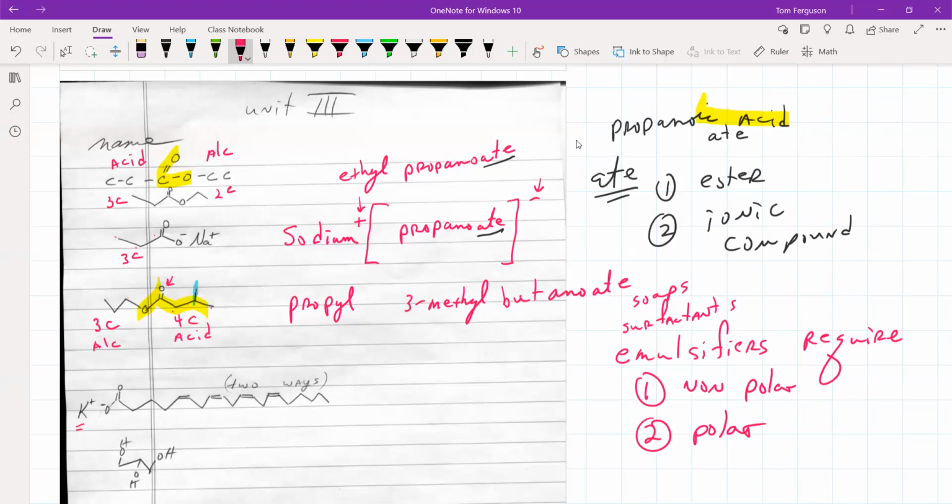Okay, so let's go back over here. Do you see a non-polar part? Non-polar part.